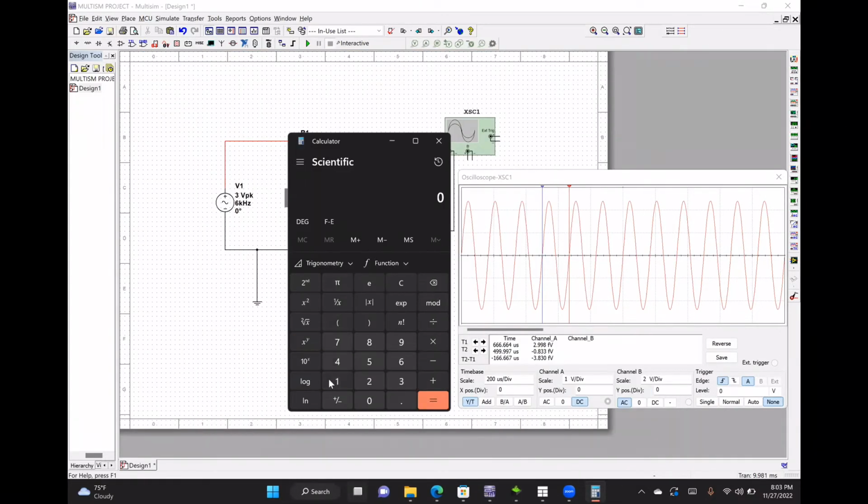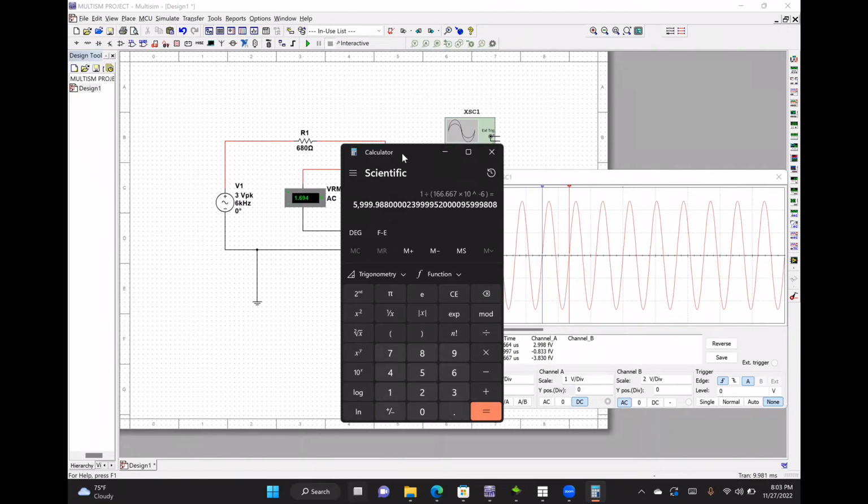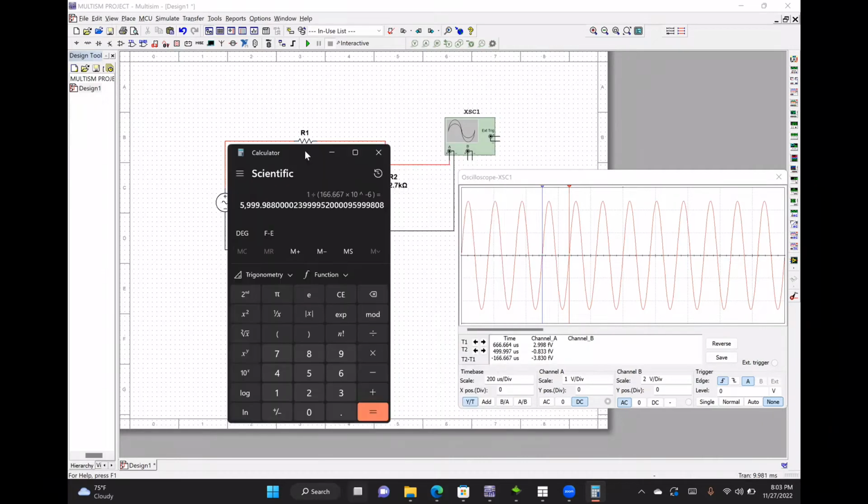Okay. 1 divided by parentheses 166.667 times 10 to the negative 6, close my parentheses, solve it, and I get 5,099.98, so almost 6K. And yeah, that's how I would solve for frequency.